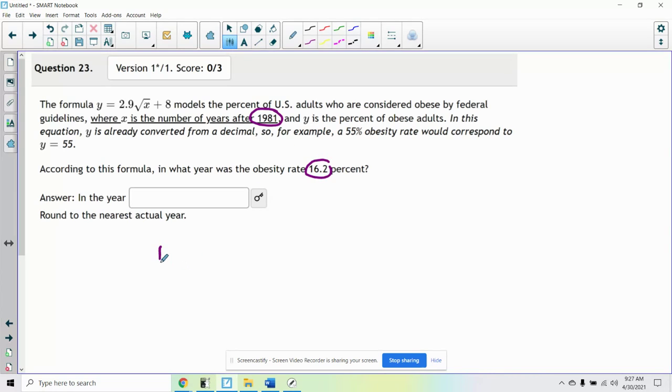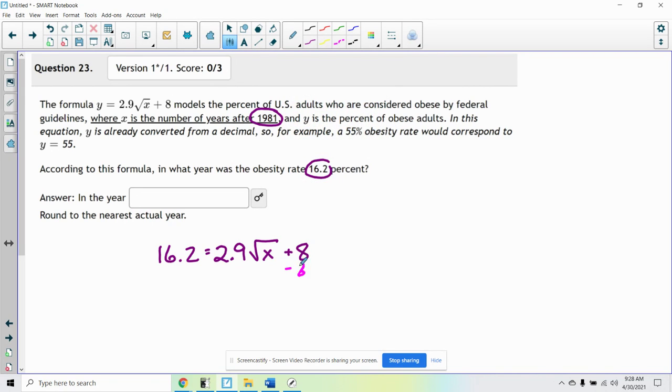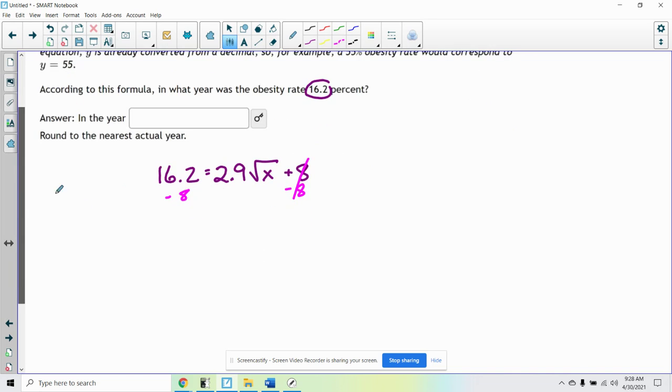I'm just going to let y be 16.2. So 16.2 equals 2.9 times the square root of x, plus 8. Now it's a matter of just solving this equation for x. I'm going to subtract 8 from both sides. 16.2 minus 8 is 8.2, equals 2.9 times the square root of x.